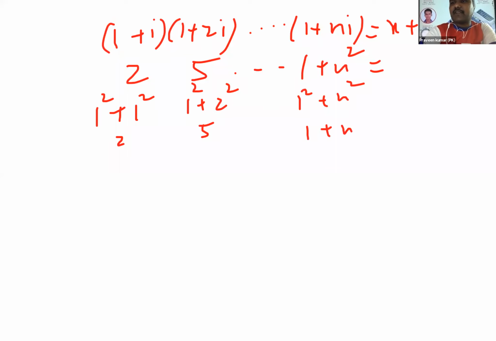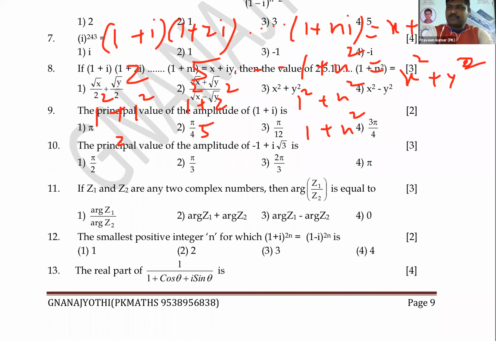So 1 plus n square is x square plus y square, the square of the real part plus the square of the imaginary part. Which option? X square plus y square. I think it is the third option. The logic is real part square plus imaginary part square. Understand?